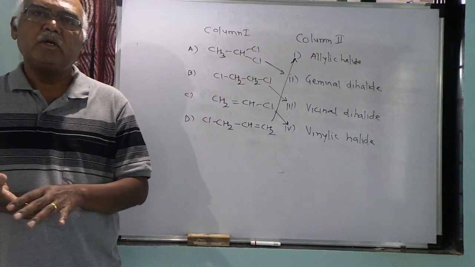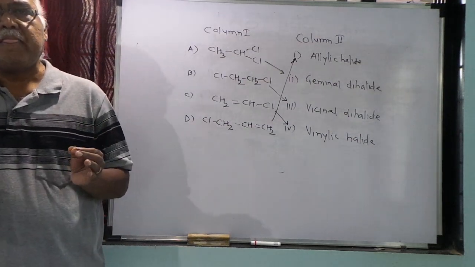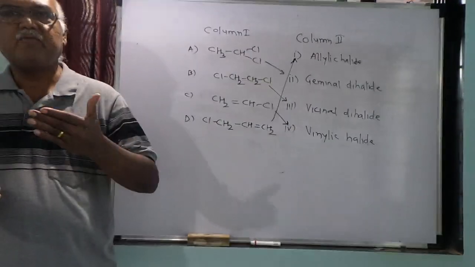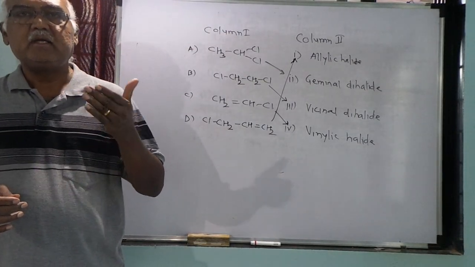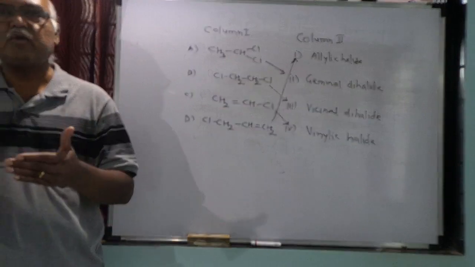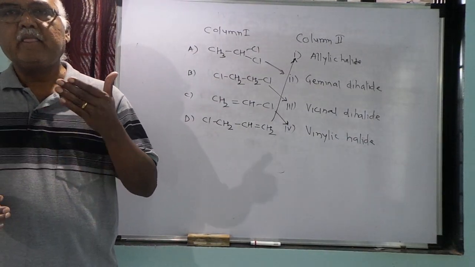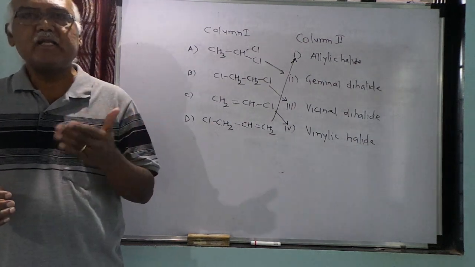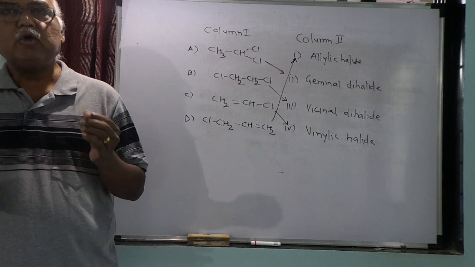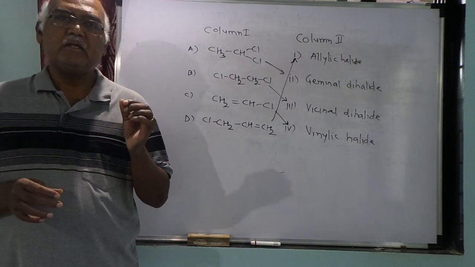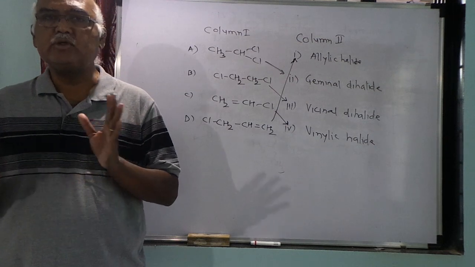Then we'll go to the haloarenes, because in the topic the different types of halides are taken: monohalogen derivatives, dihalogen derivatives, trihalogen derivatives, tetrahalogen derivatives, or the halogen derivatives of alkenes, halogen derivatives of alkynes, then aryl halides. Out of these, we are going to see the monohalogen derivatives and aryl halides only.